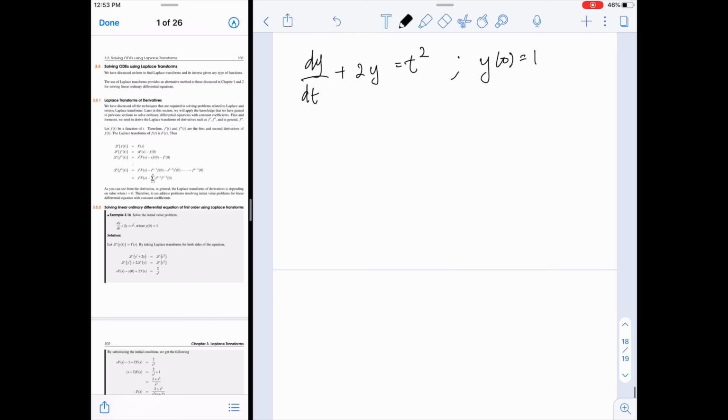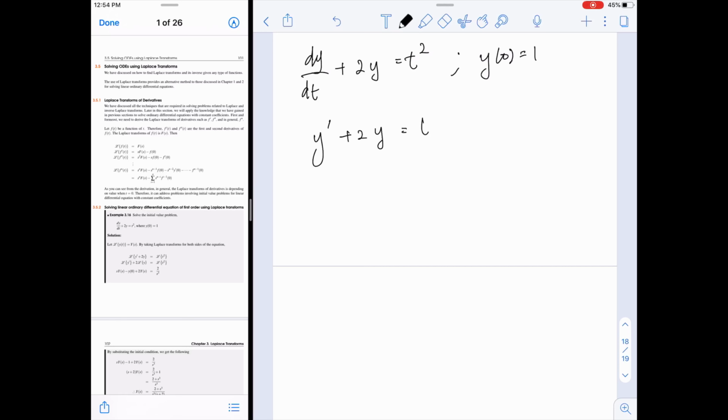However, for this one, we would like to use the Laplace transform. Let's change to the general form that you have known previously, y prime plus 2y equals t squared. This is the question given to you.